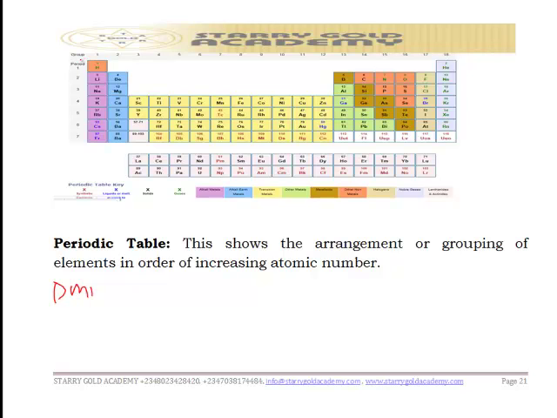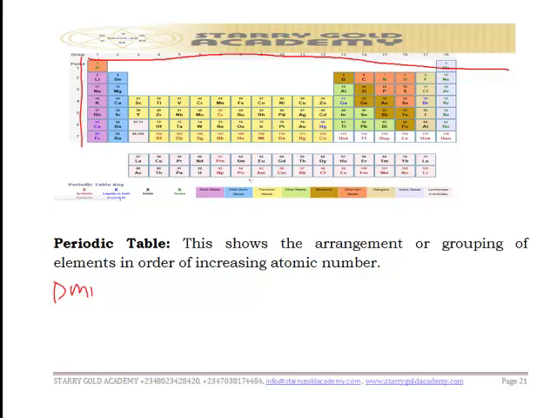If you look at this diagram, the group goes from this place down. The period goes this way. In the group we have group 1 to group 8.